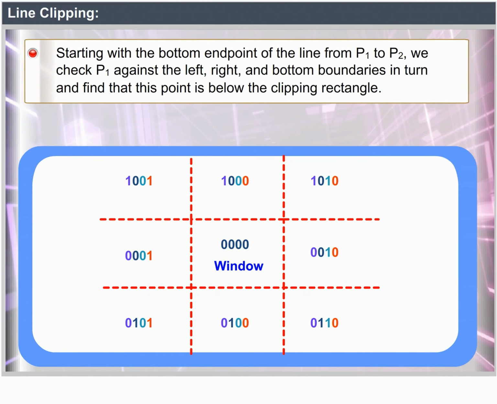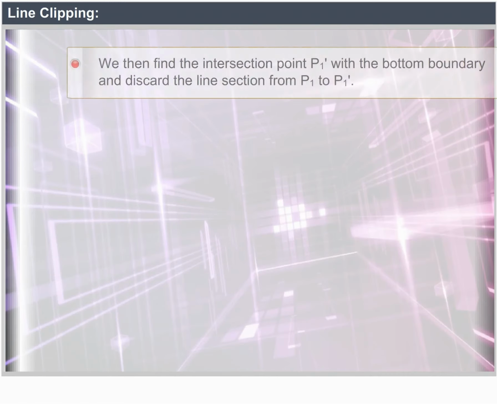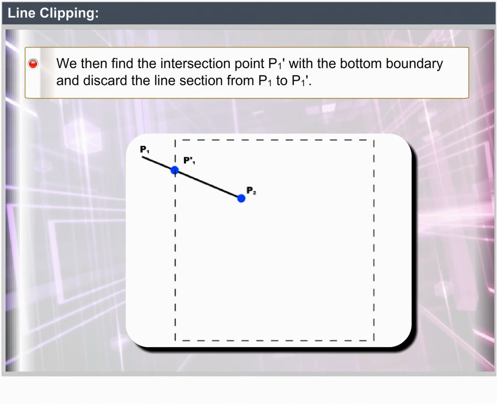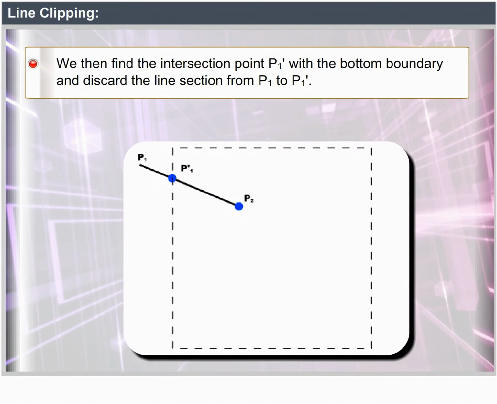Starting with the bottom endpoint of the line from P1 to P2, we check P1 against the left, right, and bottom boundaries in turn and find that this point is below the clipping rectangle. We then find the intersection point P1' with the bottom boundary and discard the line section from P1 to P1'.